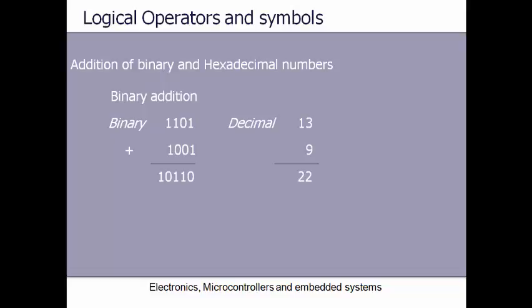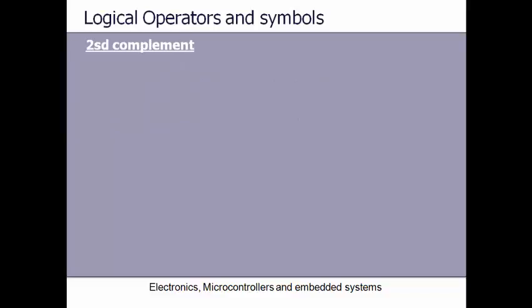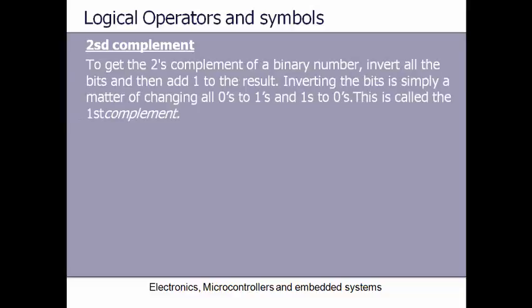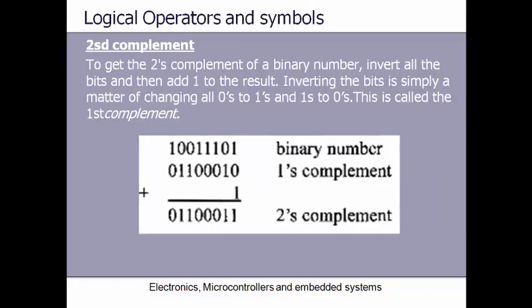But for subtraction, we need to pass through a transit situation, what is called the second complement. The second complement is an easy operation to make.